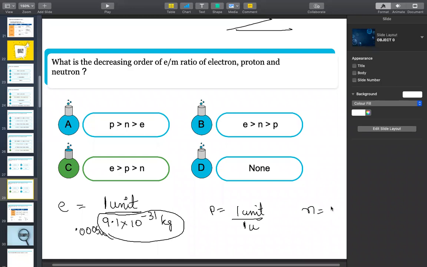Neutron mass is 0 and neutron charge is 0, so neutron will be the least. Proton will be 1 unit divided by 1 u, second number. Here it is 1 unit divided by 0.0005 u, which will be the highest. Got it? Yes or no?